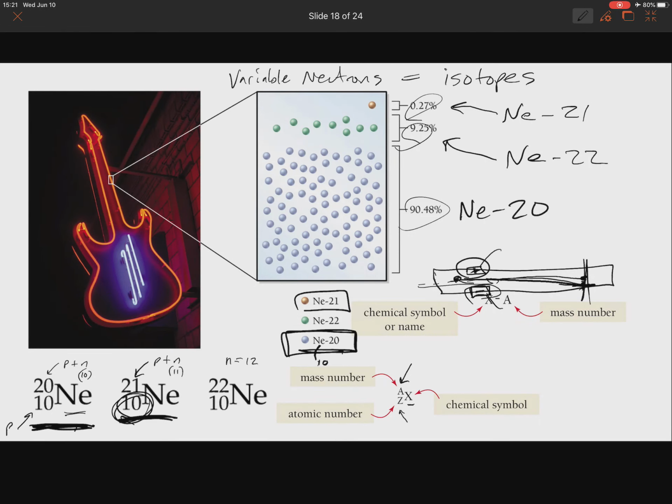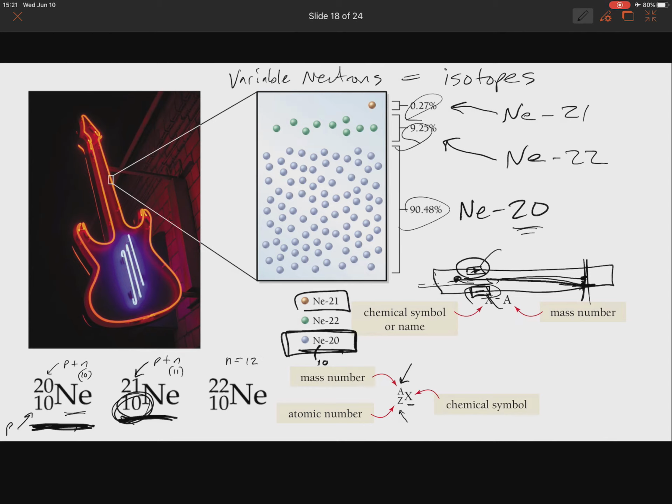Now, we care about isotopes because we need to know how much of each there are so that we can get an average mass to put on the periodic table. The periodic table's atomic mass is actually an average of all the different isotopes. We can look at these right here and see that neon 20 is the majority of the weight. What I mean is the major percentage of neon weighs neon 20.